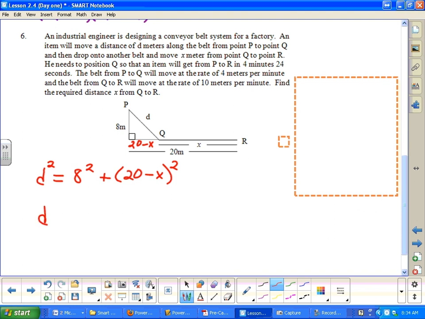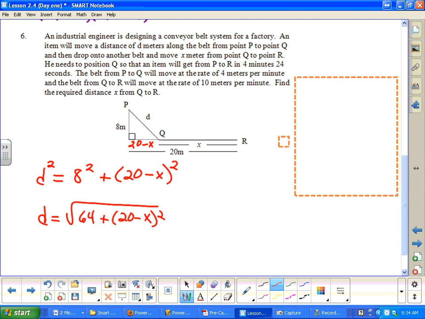So d is equal to the square root of that. All right, so let's start there.